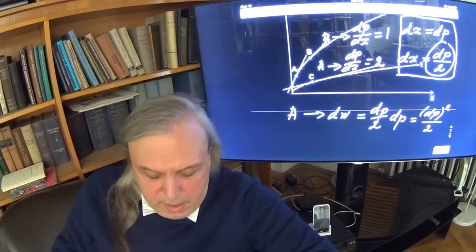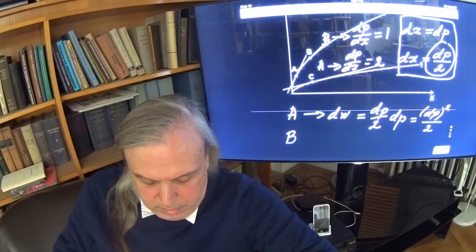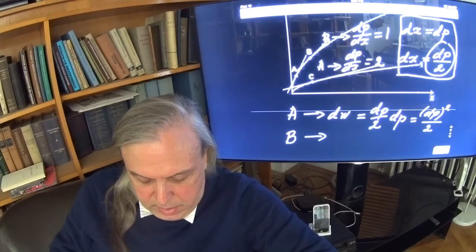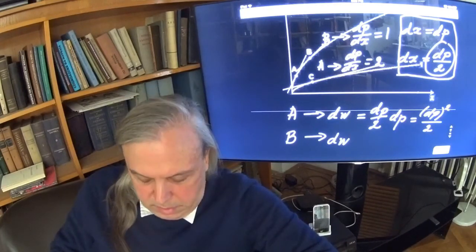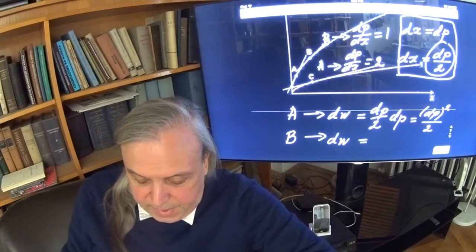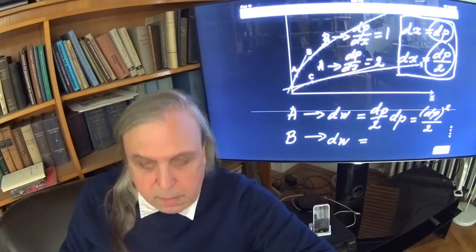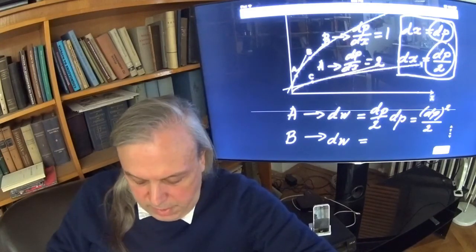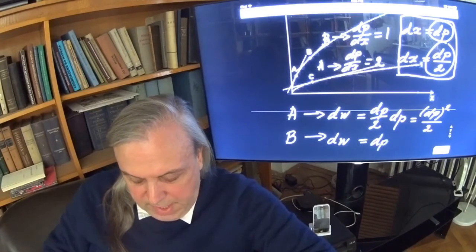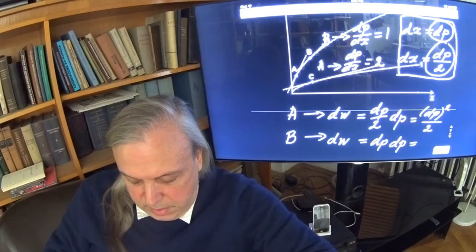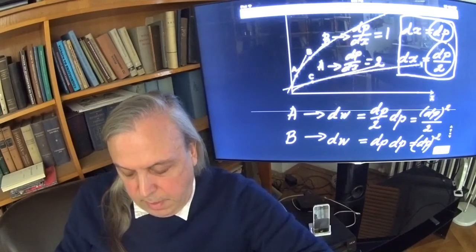While at point B, we get dW, this is the action, equals dx, where dx is dp. At point B, we have dp times dp, which is dp squared.